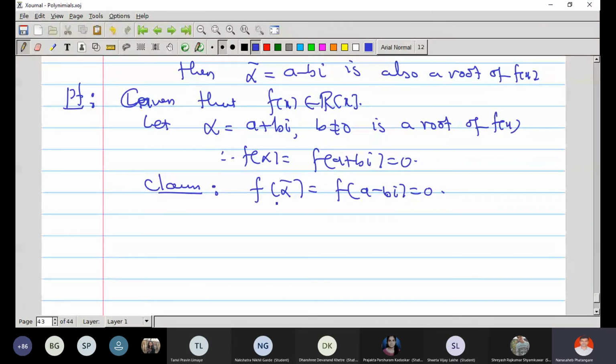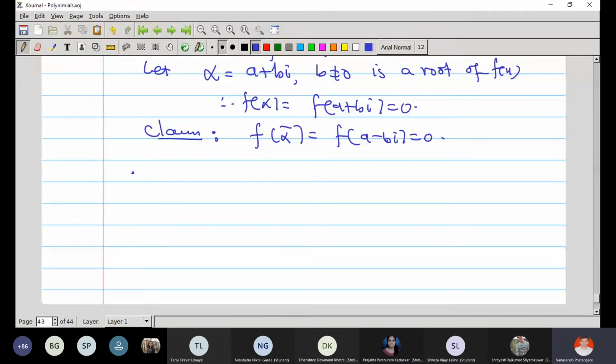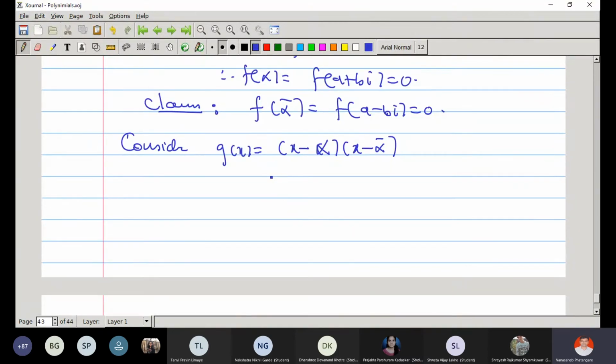So consider another polynomial g(x) equal to (x minus alpha) times (x minus alpha conjugate). Let us consider this polynomial. Do you understand what this polynomial is? (x minus a plus bi) times (x minus a minus bi).